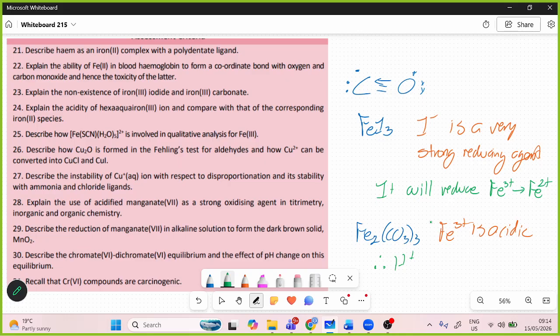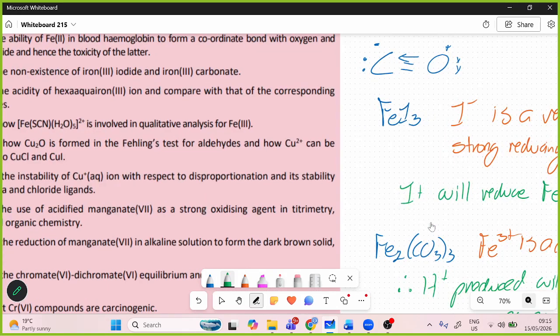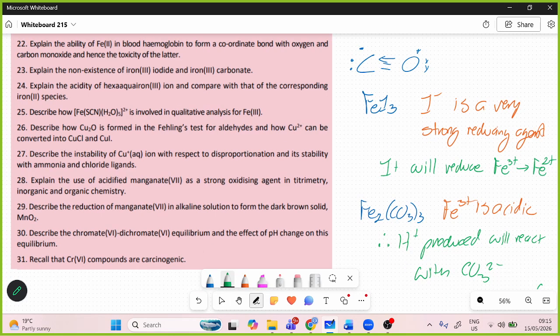Therefore, the H+ produced will react with CO3 2-. So the two are similar in the sense that they don't exist, but different because the reason why they don't exist is completely different.